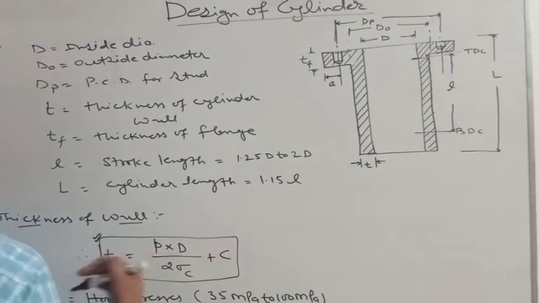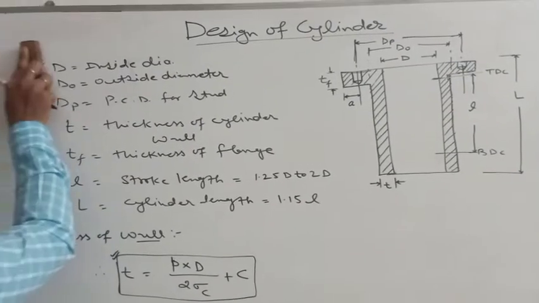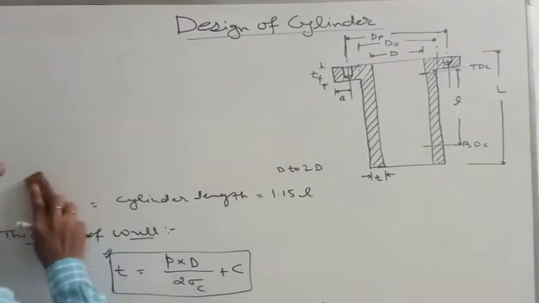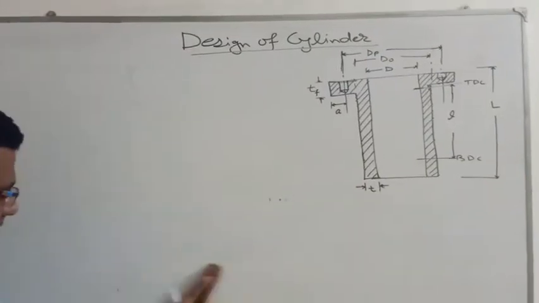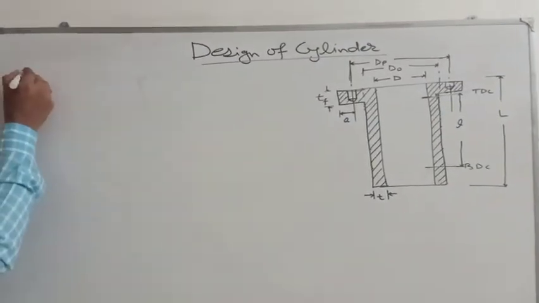After the cylindrical wall, the next step of our design is to calculate the length and bore of our cylinder.